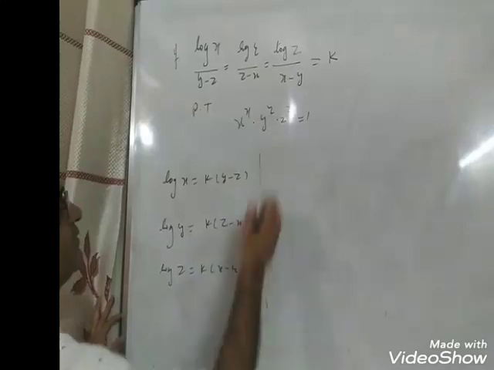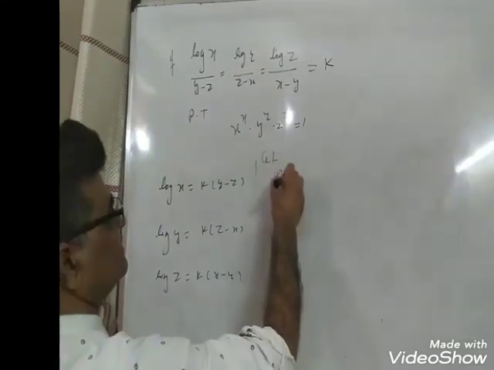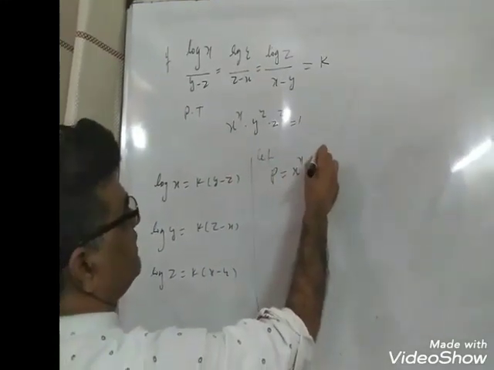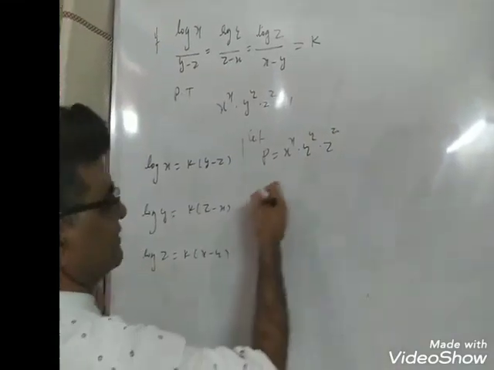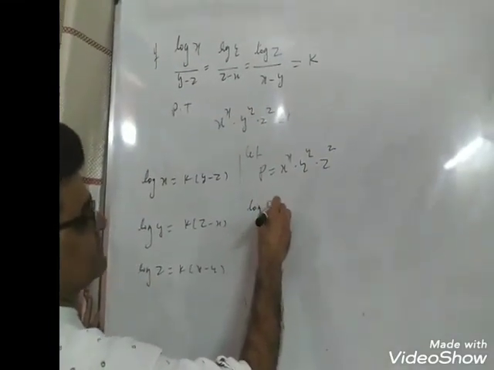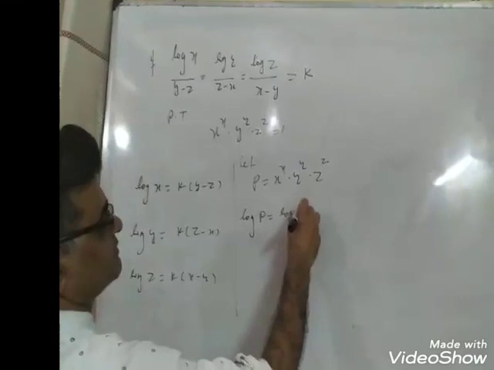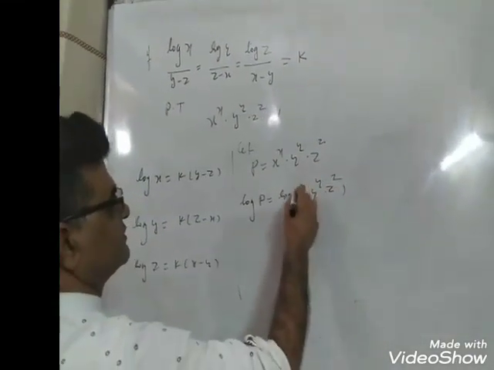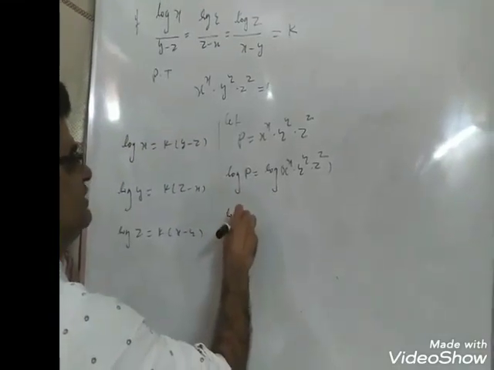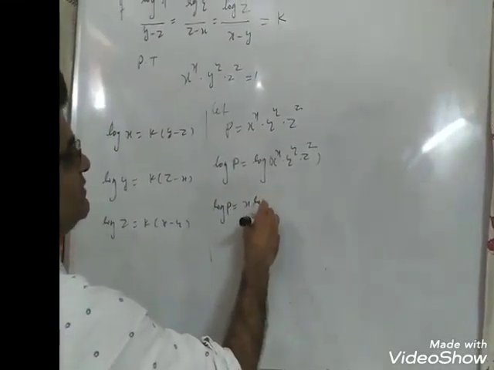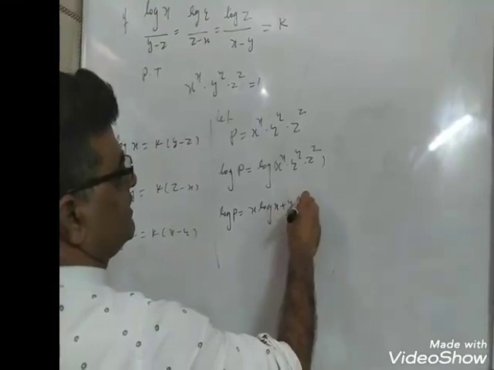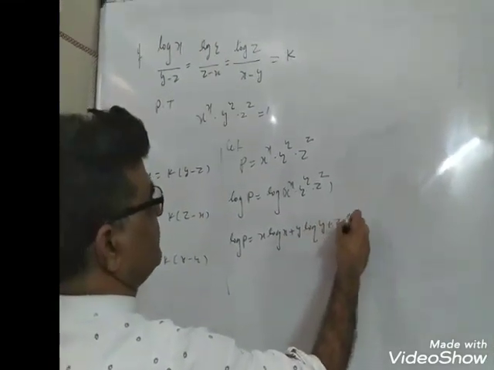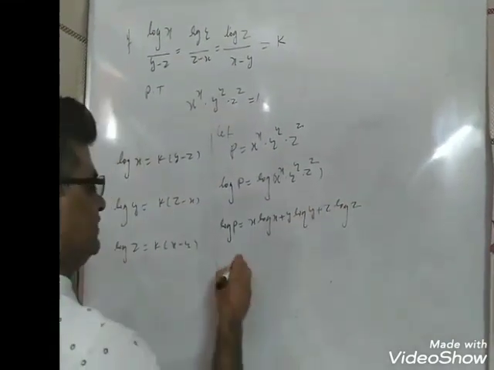Now let p be equal to x to the power x, y to the power y, z to the power z. Take log on both sides. So we can write that log p is equal to x log x plus y log y plus z log z.